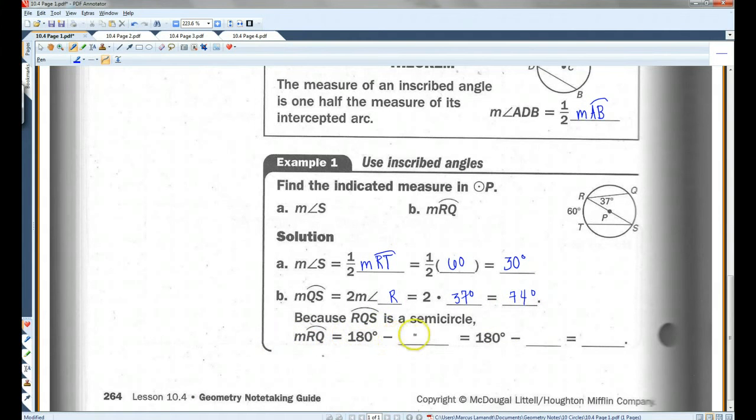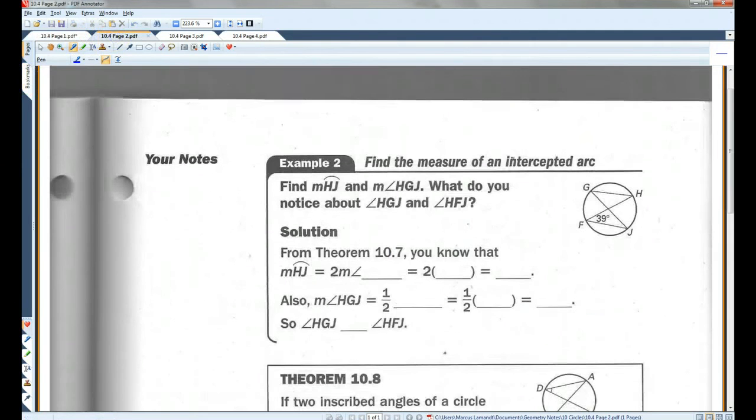And this, like we said, is going to be 180 minus 74 degrees. So this is 74 degrees. The whole thing is 180. I guess they want us to write out the arc here. We can do that. Subtract. 106 degrees.